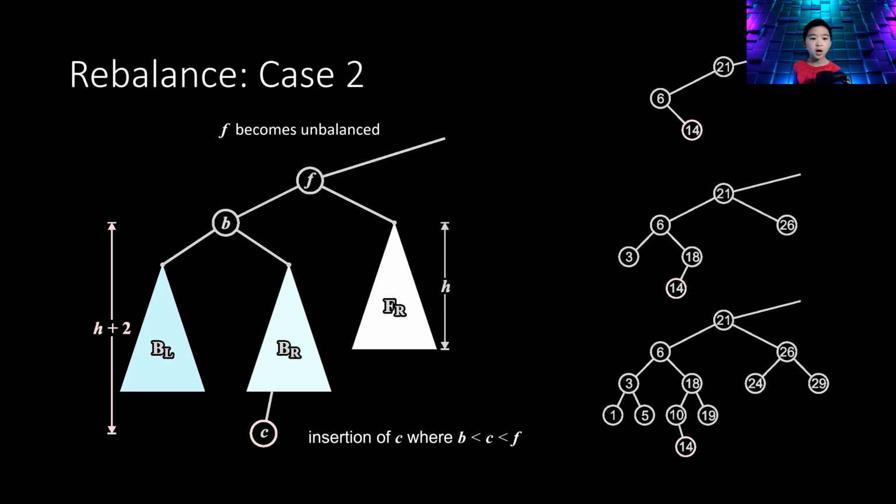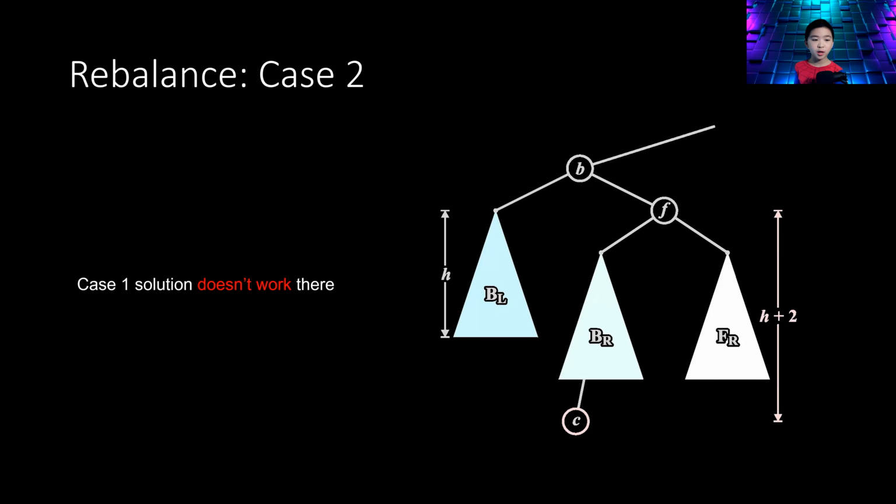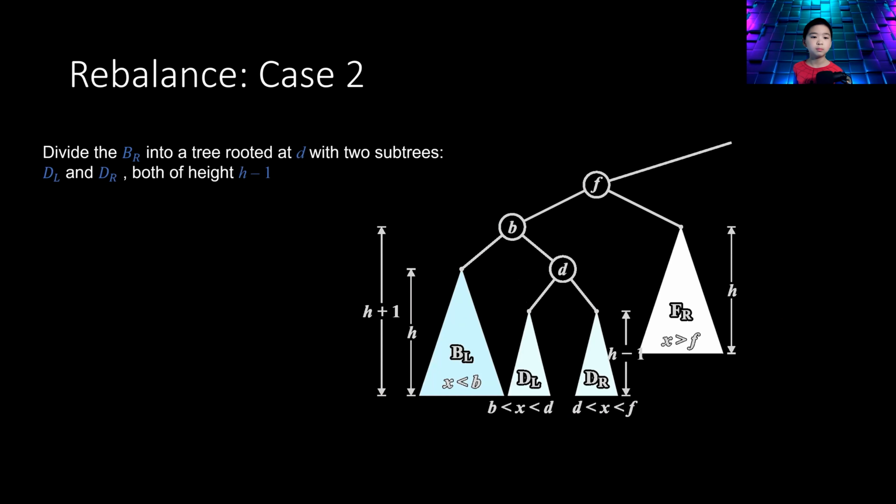First, let's see why our last solution doesn't work in this case. After the same operations, the node F is rebalanced, but the node B becomes unbalanced. If the previous solution doesn't work here, it means we have to divide the subtree BR into smaller pieces.